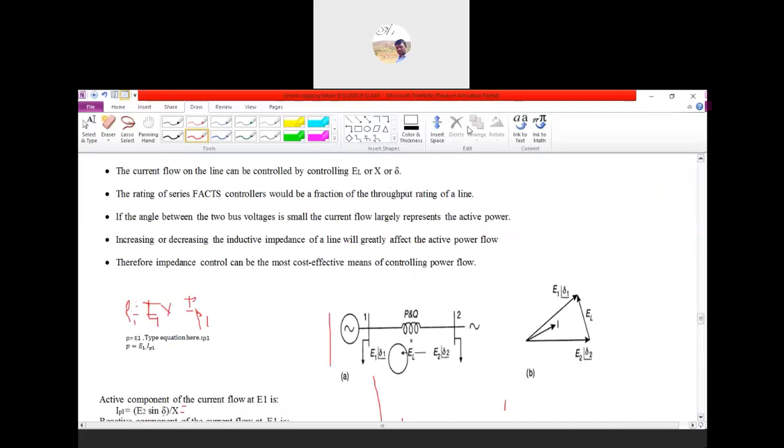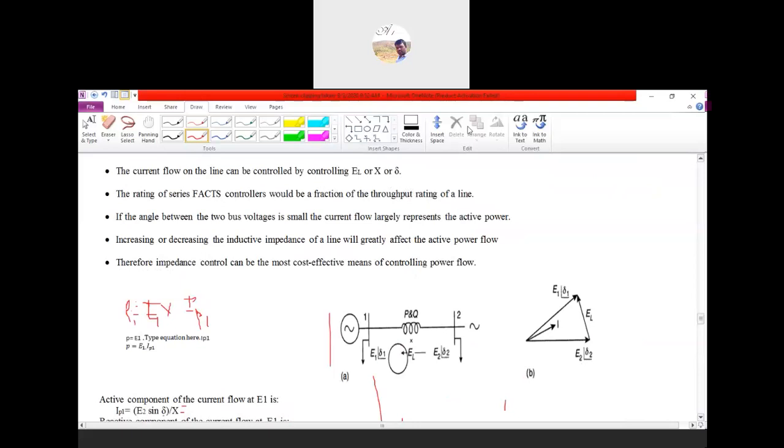Okay, this is all about power flow in a mesh network, as well as power flow in dynamic stability consideration. If we continuously increase the current flow, what will happen?